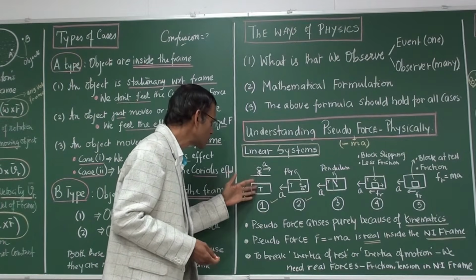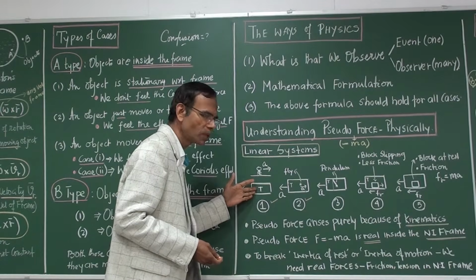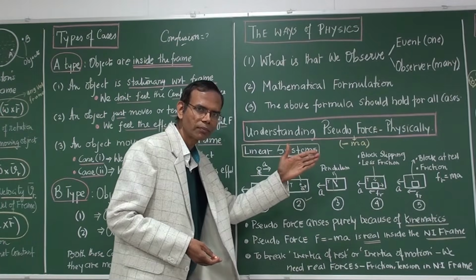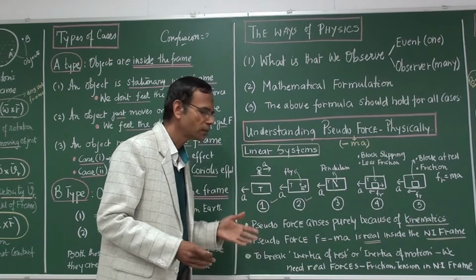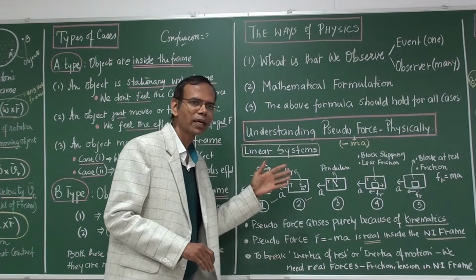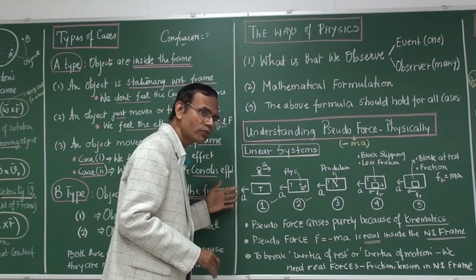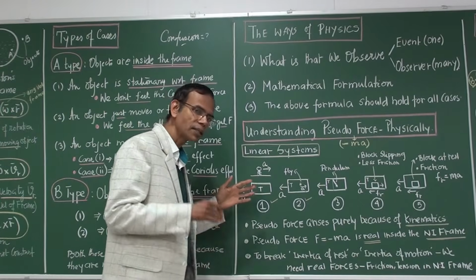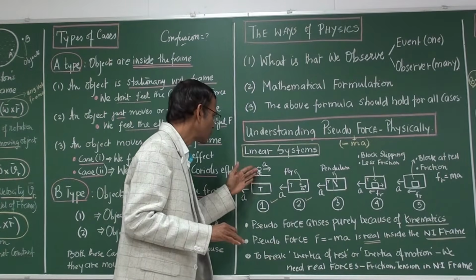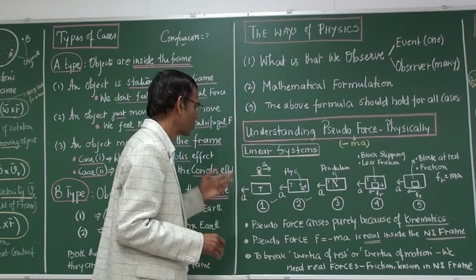So, since the observer is inside the frame, relative to this frame he will see the person going backward. How can he justify it? He will put a force in the backward direction, ma, in a direction opposite to that in which the frame is accelerating. And that is how he will justify Newton's second law of motion, that this person is accelerating backward and there is a force ma backward.